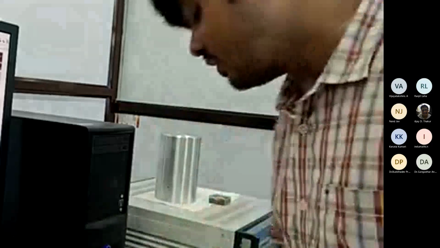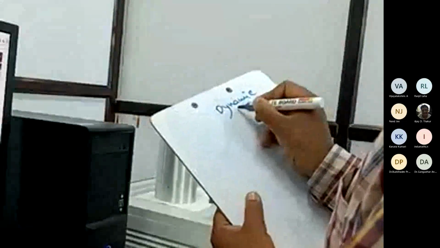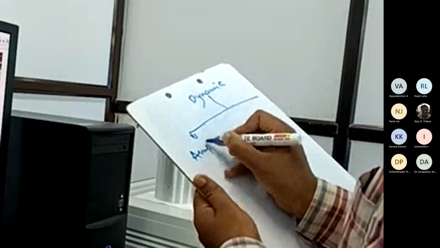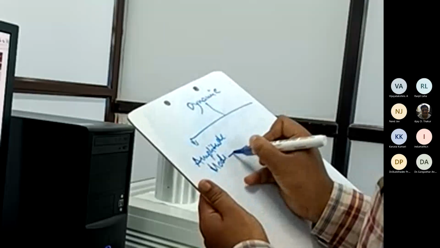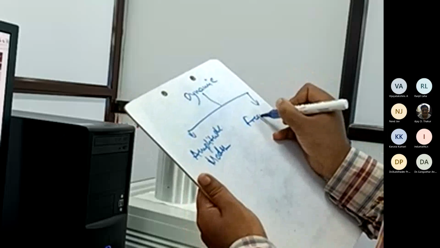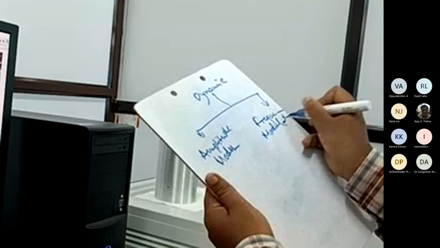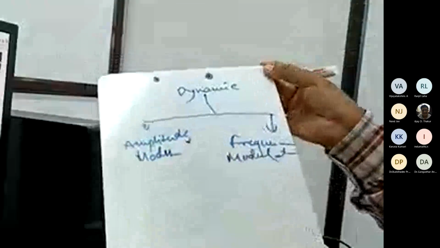In dynamic mode, there are two types: amplitude modulation and frequency modulation. Mainly, most of the time amplitude modulation is used.